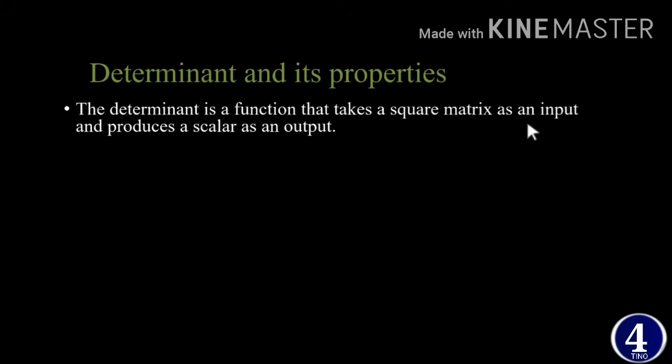Then you put in the square matrix, and it produces a scalar as an output. A scalar means a number, any number that is not a matrix. So when you are asked what a determinant is, you can say that the determinant is a function, okay? It uses a square matrix as an input, and the output it gives is a scalar number.